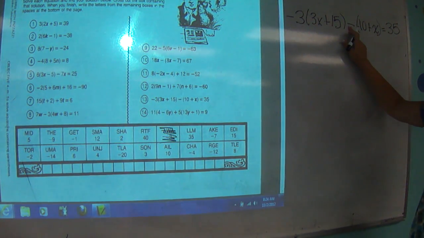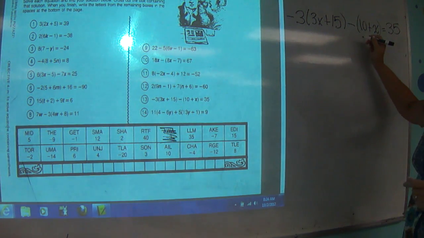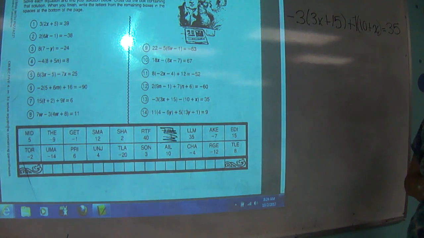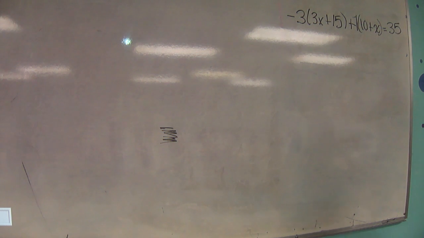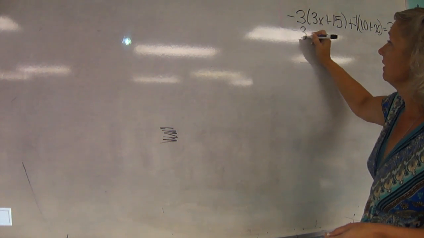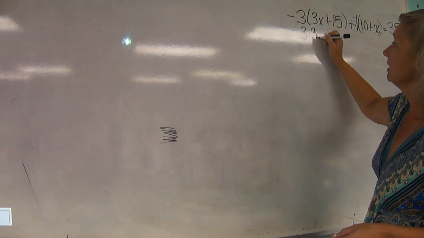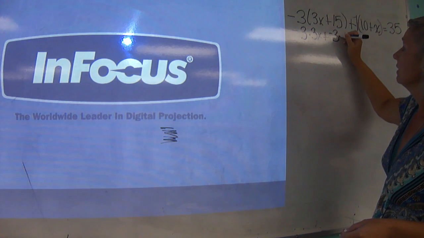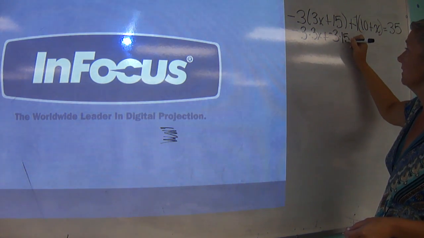When you have a minus here, you can change this and it'll make it easier to look at. Plus -1. You're still going to distribute. It's the same thing. So this is going to end up being -3 times 3x plus -3 times 15.